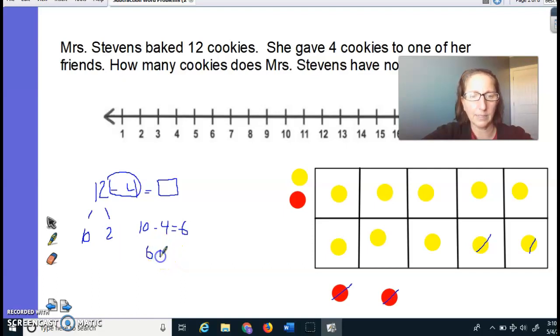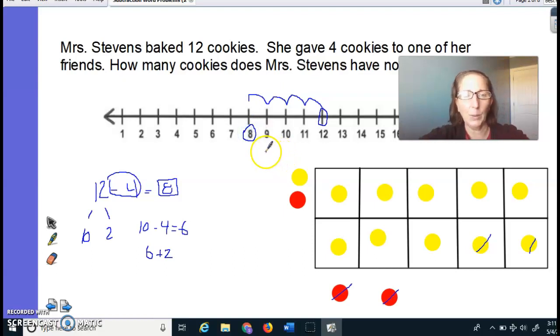So 6 plus 2 equals 8. 8 is our answer. And we can just check that on our number line. Let's circle 12, and we're going to go back 4. 1, 2, 3, 4. And looky there, we got our answer of 8.